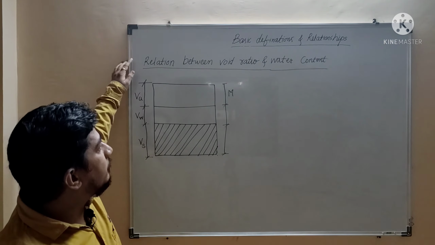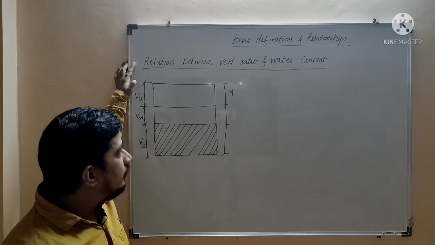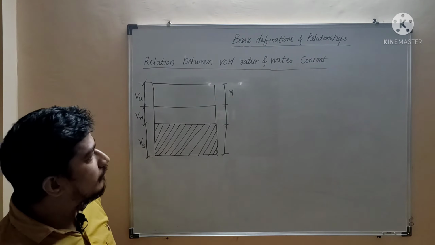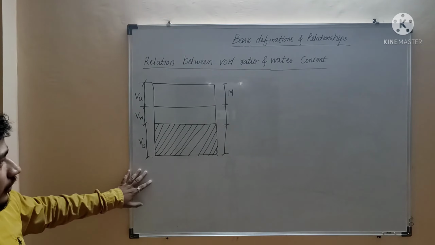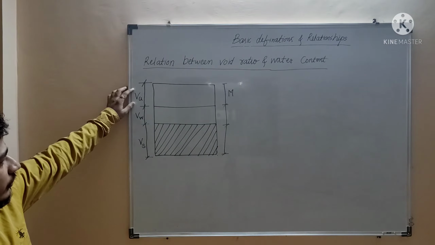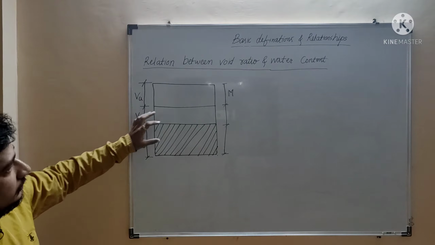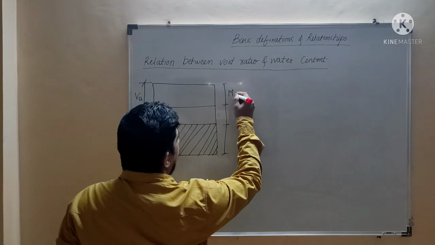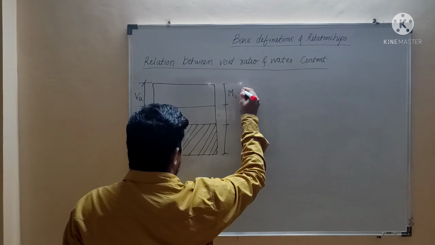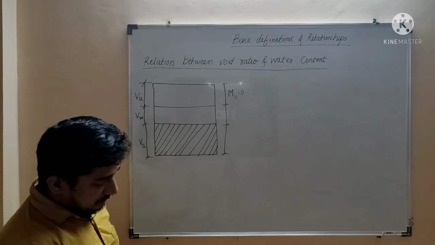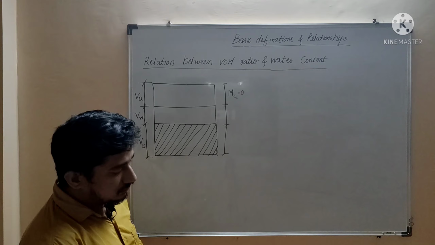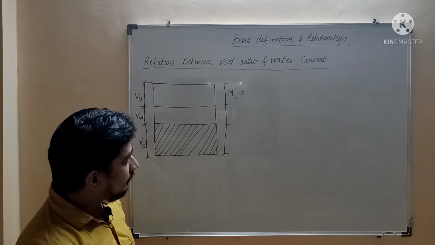The next part is the relation between void ratio and water content. This is the volume of a soil simplified into a 3-phase diagram: volume of air, volume of water, volume of solid. This is the mass of air, which is equal to 0. Next we want to find the mass of water.